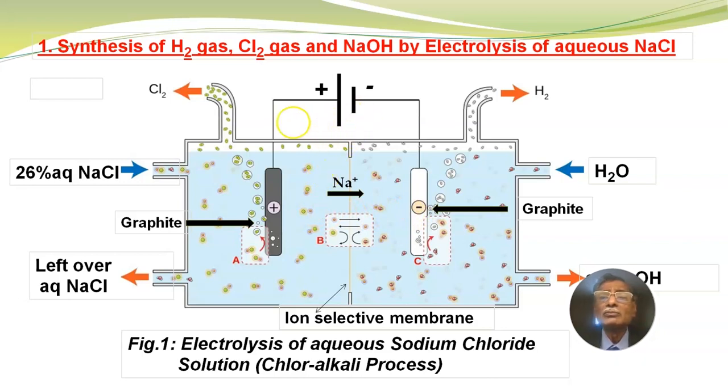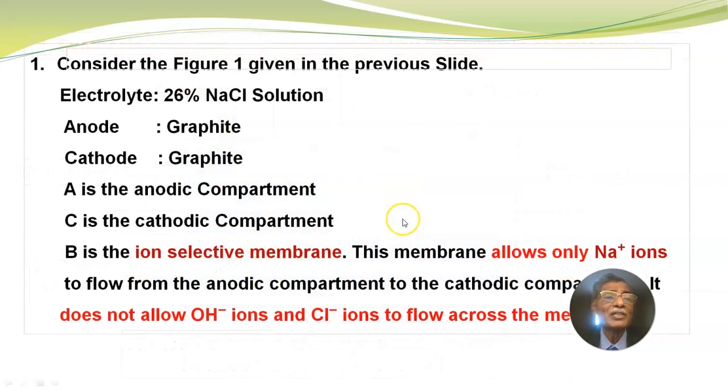When you supply current to the cell, there is evolution of hydrogen gas at cathode, evolution of chlorine gas at anode, and then aqueous sodium hydroxide collected from the cathodic compartment. See, the same thing is explained in this slide also.